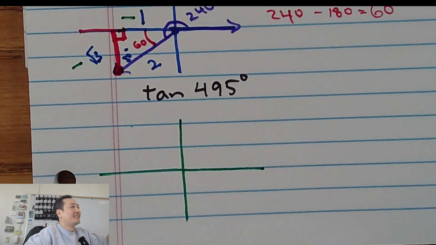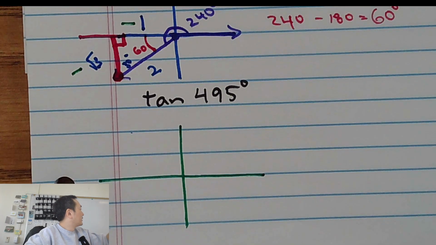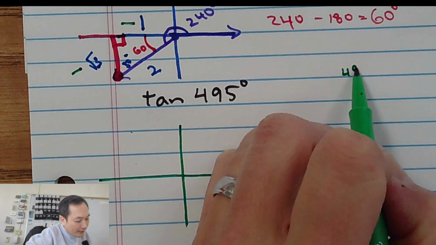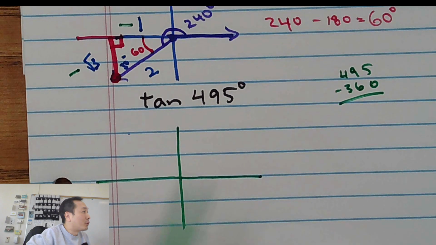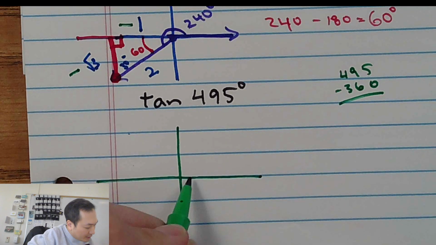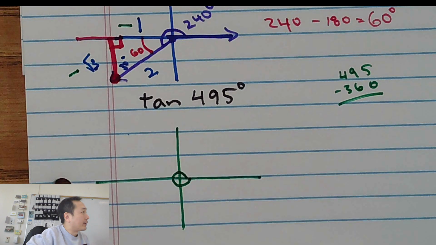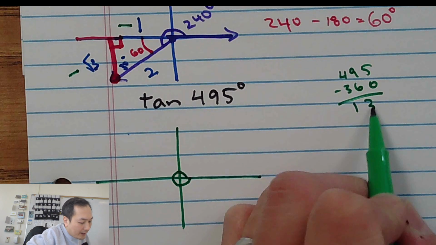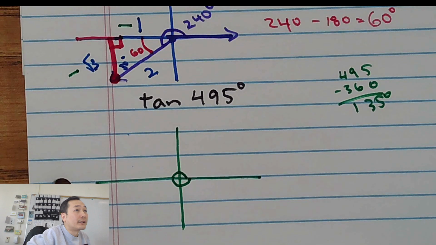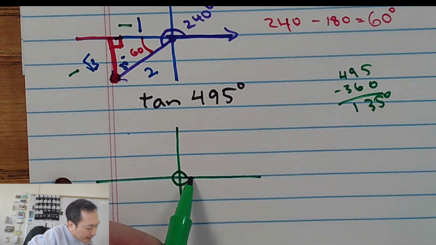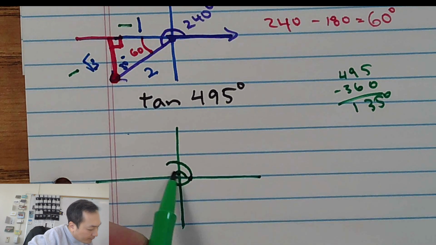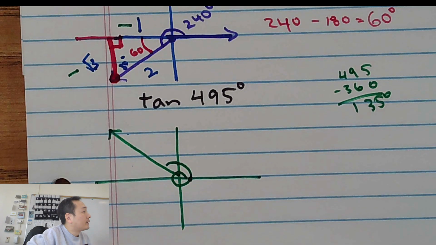So what I'm going to do first is subtract 495 by 360, because I know I have to run one rotation around. So that's 135. Oh, I'm back to that 135 degrees. So 495 degrees is actually here in my second quadrant, right?